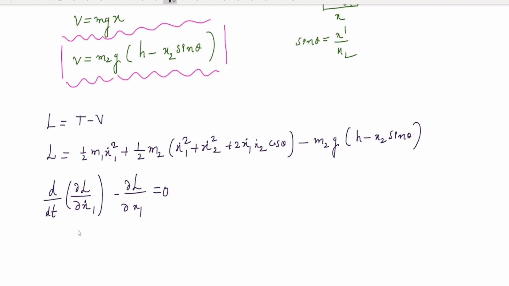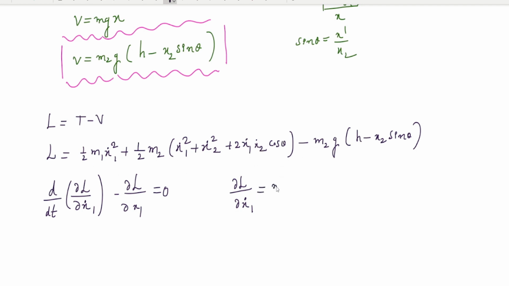So this one, if you look at this information clearly, is the partial derivative of L divided by ∂x1 dot. This one is a derivative, this one is a derivative, this one is 0, this one is constant, so this total term is 0. Okay, 2 gets cancelled.